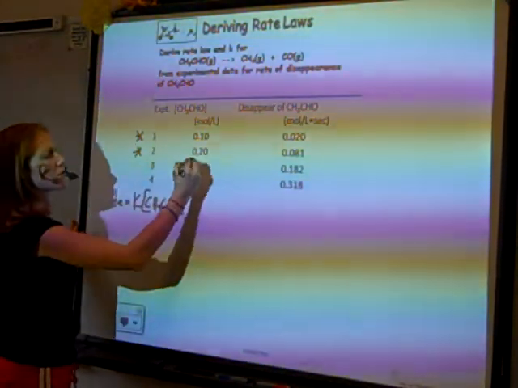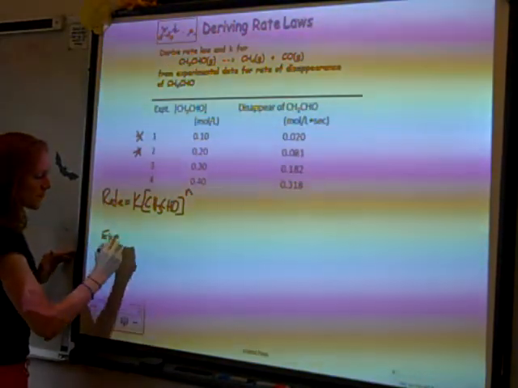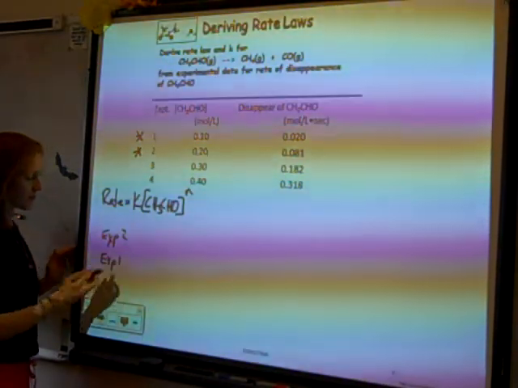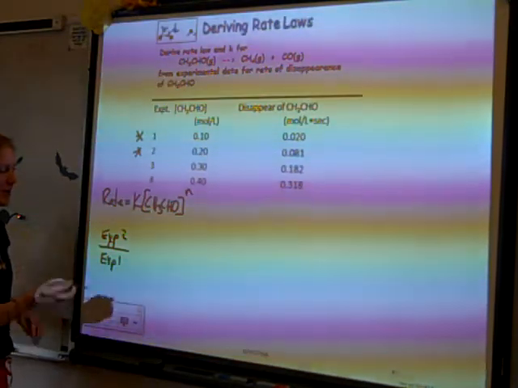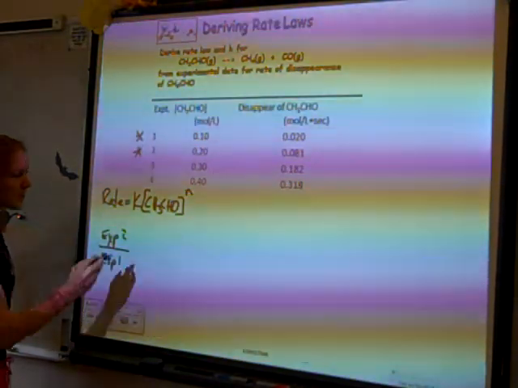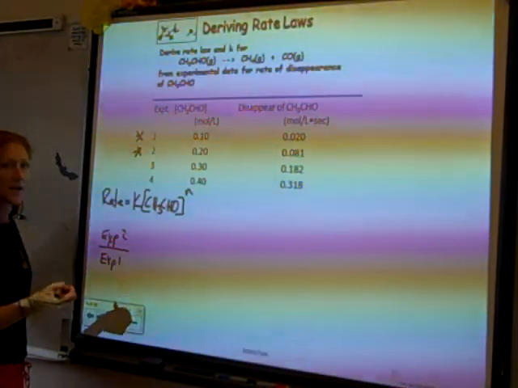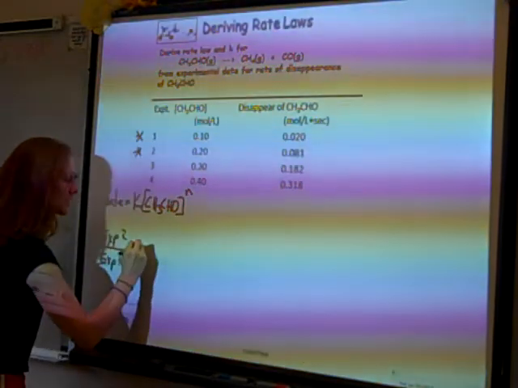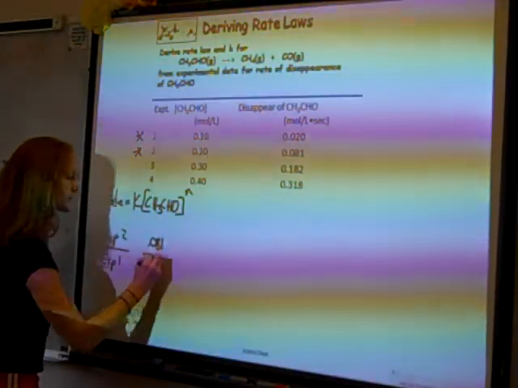So I'm going to put the larger number over top. So I'm going to look at experiment 2 over experiment 1. So mathematically I'm showing how we can prove what the order of this reaction is. So let's go ahead and put the rate law in both cases. I know the rate of experiment 2 is 0.081.